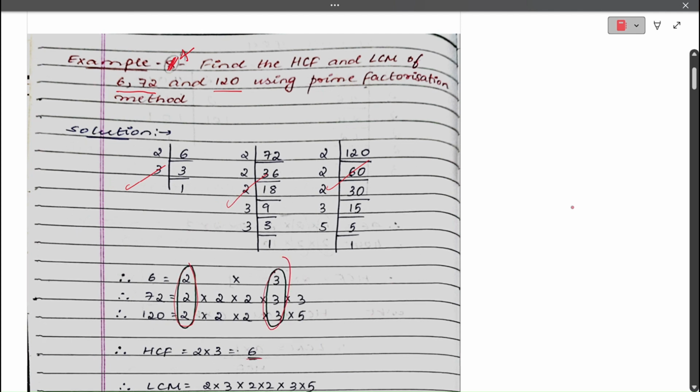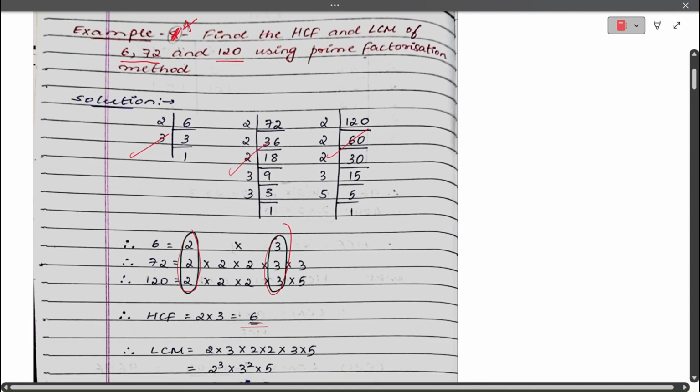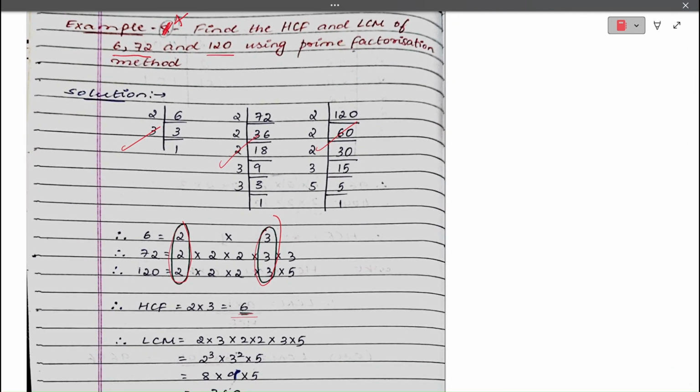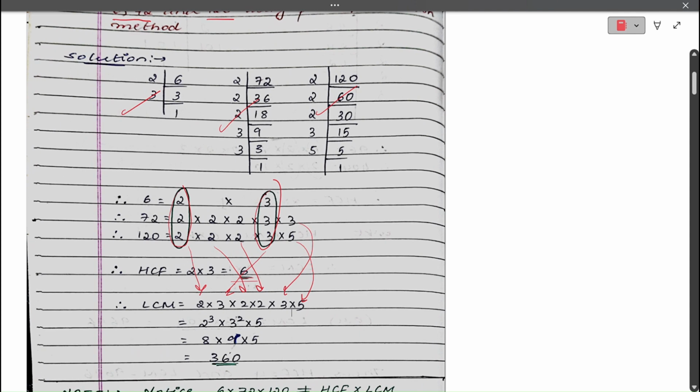So the HCF is 6. For the LCM, 2 is here, so we are writing 2. 3 is here, we are writing 3, 2, 2, 3 and 5. When you multiply all of them, you get 360.